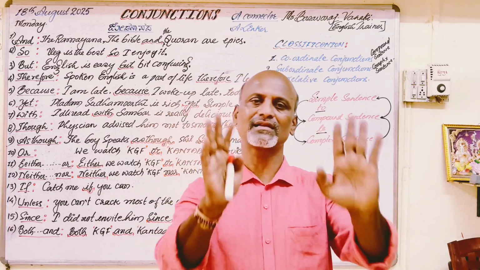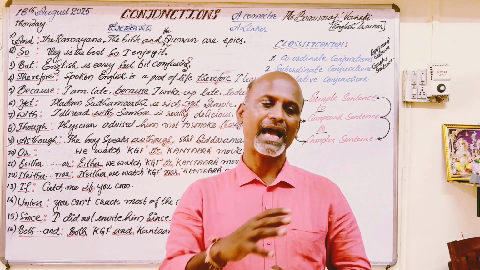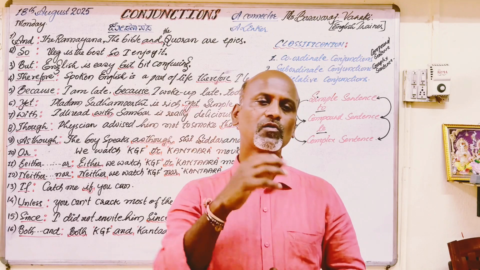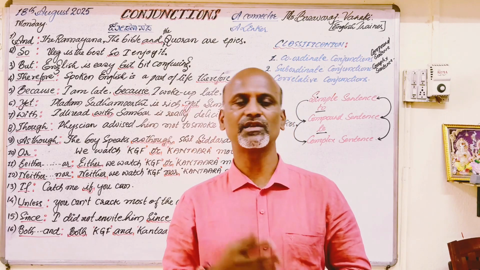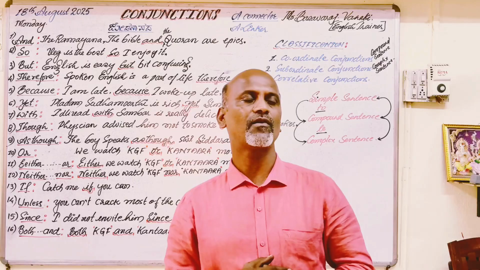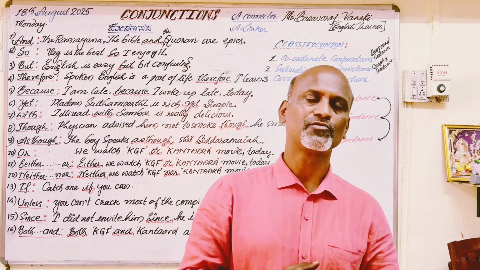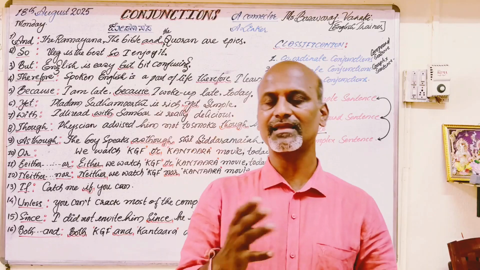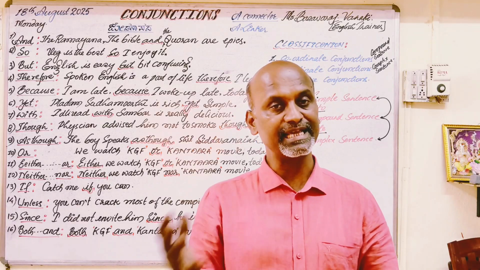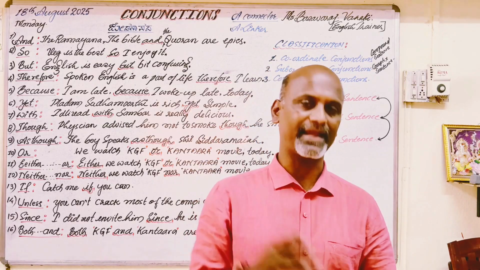It is just an introductory part. This video is for school going children, college children, and those attending SSC, MTS, CHSL exams, those planning to crack the exams of FDC, SDC, or other exams.